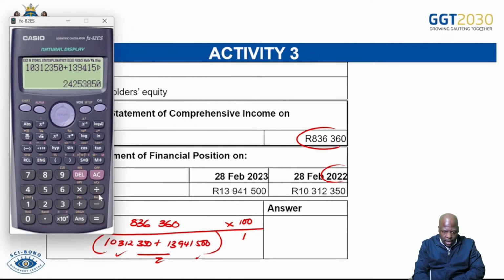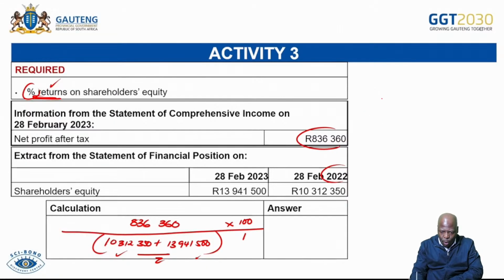And then you divide by 2. Then that will give you 12,126,925. So I'll come here, then I'll say the same amount here, my 836,360. And then I divide that by my 12,126,925. You multiply by 100 over 1.